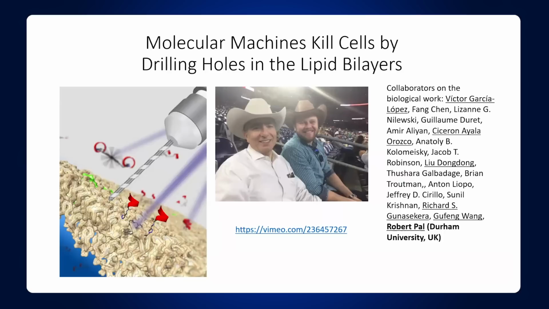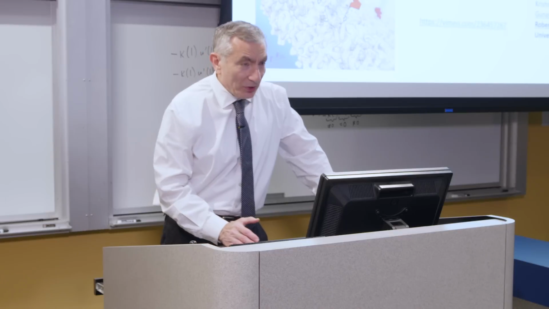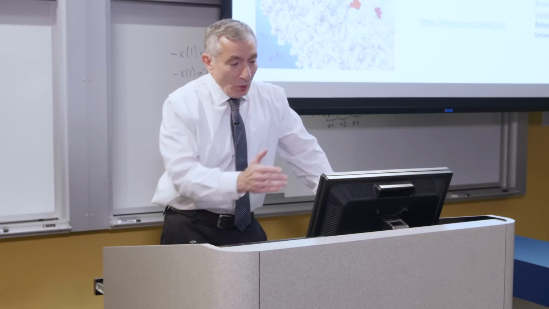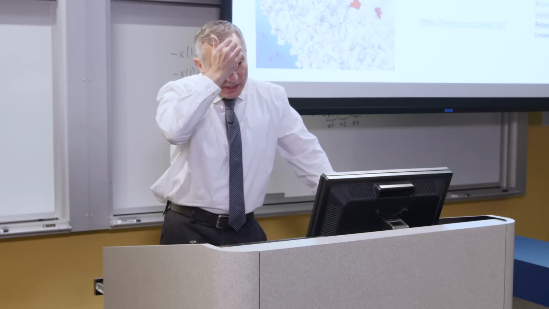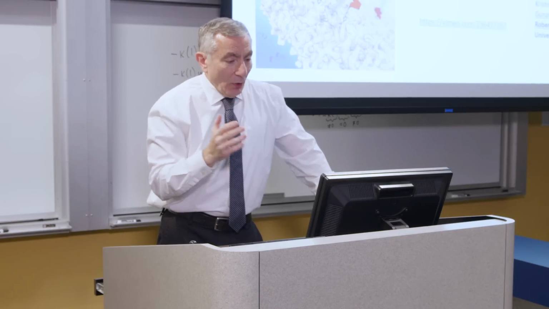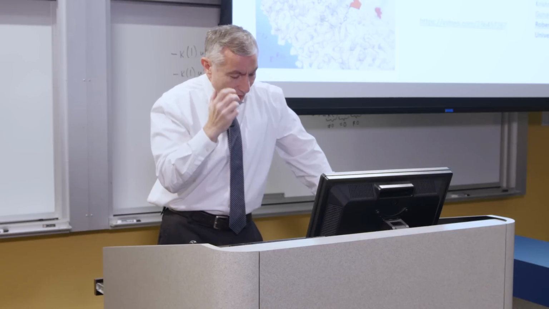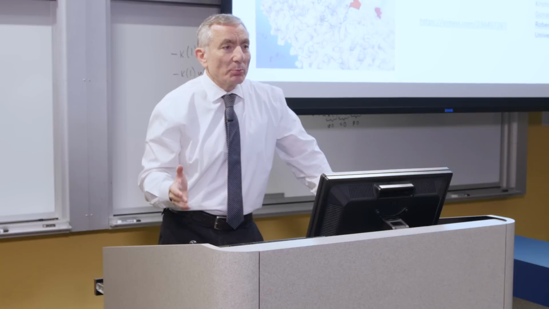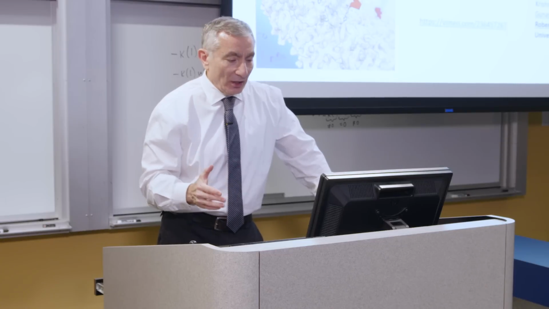And he said, at this stage in my career, I'm not sure I want to do it. It's a big job. He says, but I have a postdoc, Robert Powell, who's the best experimentalist I've ever had with me. And Robert had just gotten a job in the university as a lecturer. A lecturer in the UK is sort of like an assistant professor in the United States. They start out as lecturer.